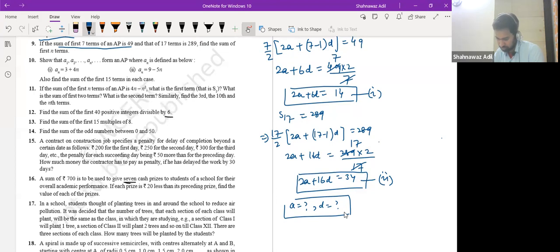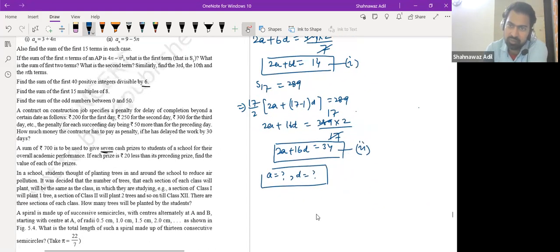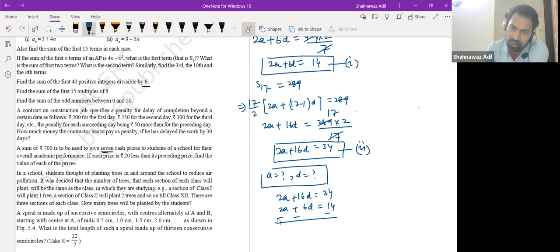I got the answer, d is 20 by 10. I eliminated: 2a plus 16d is 34, and 2a plus 6d is 14. Subtracting, this is 10d equal to 20.